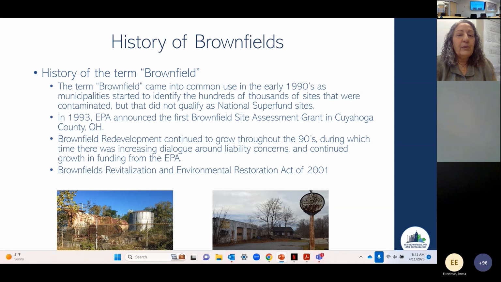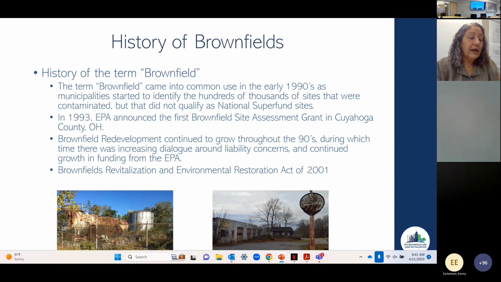EPA, in response to some of the liability concerns that were generated through Superfund laws, recognized that CERCLA had created a liability framework that was having a chilling effect in the market for transactions and redevelopment of contaminated or potentially contaminated sites.